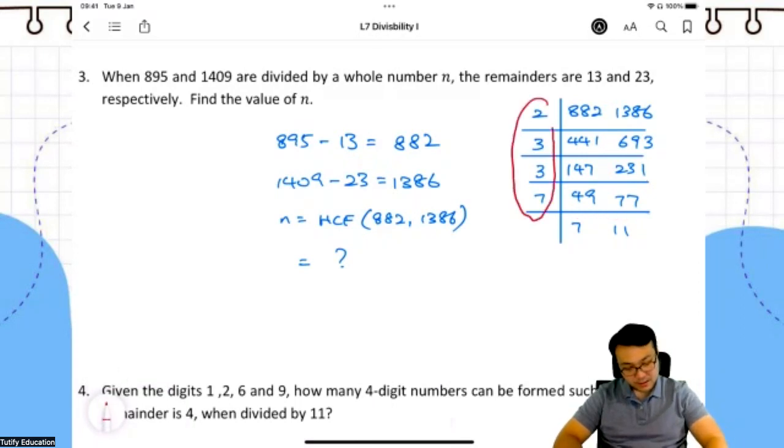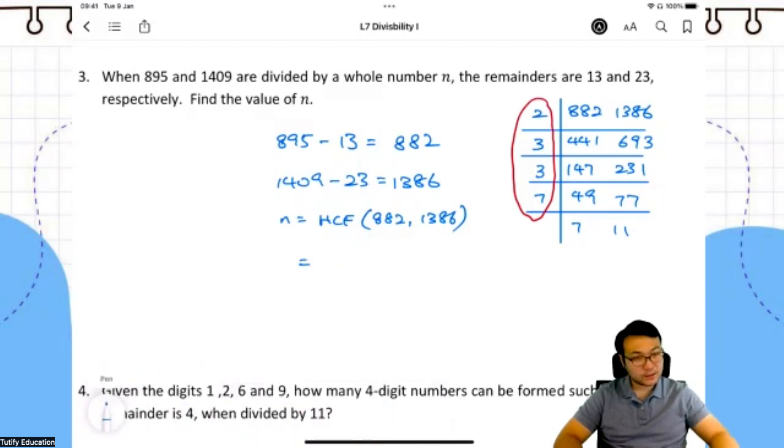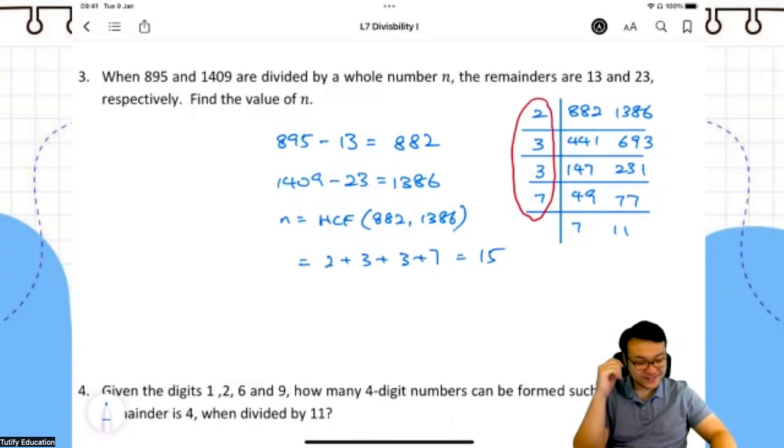Let's look at this. What should I do to all those numbers that I've circled? Add them together, right? No, what should I do?